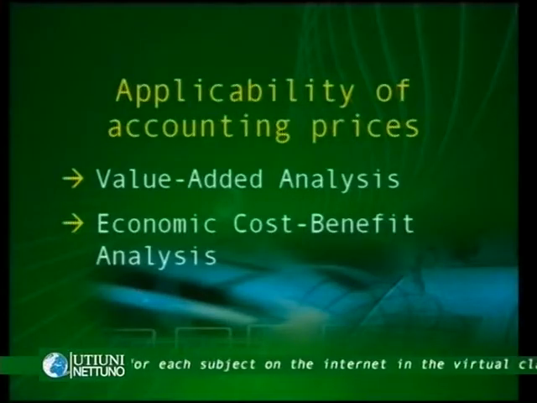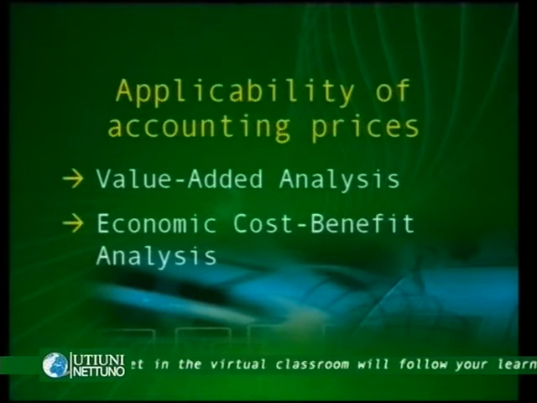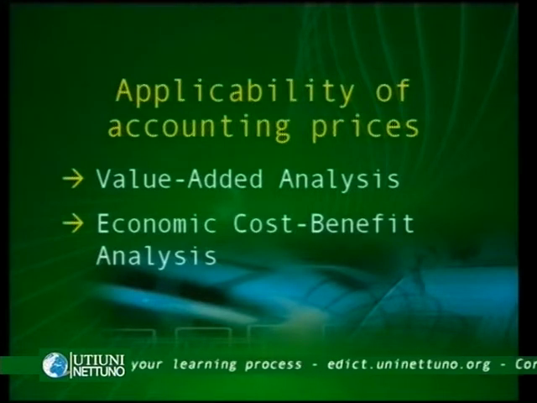So accounting prices, when chosen in lieu and as a proxy of shadow prices, can be applied to both value-added analysis and economic cost-benefit analysis that we've introduced in the previous class. However, they apply in a different way, as we have already initially explained in the previous class, because the two methods adopt different procedures.